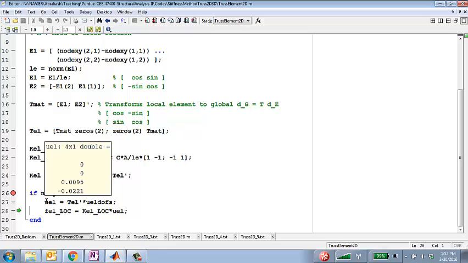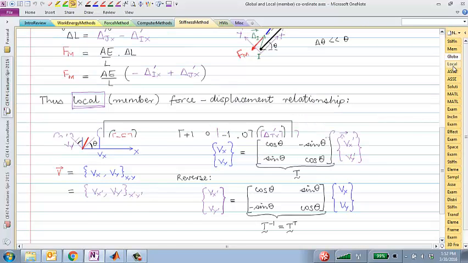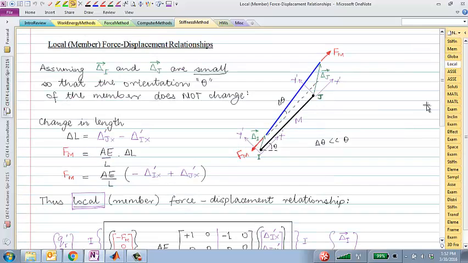Say again. In X prime. So you remember we talked about this when we were looking at this picture. We said, where's my element? Here.